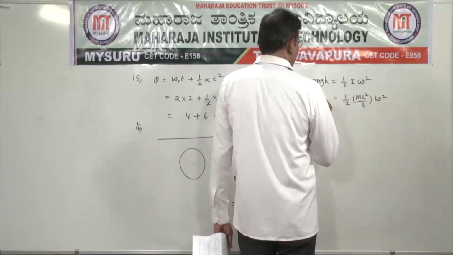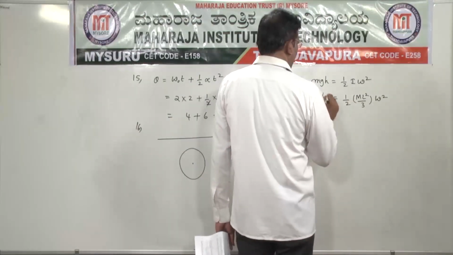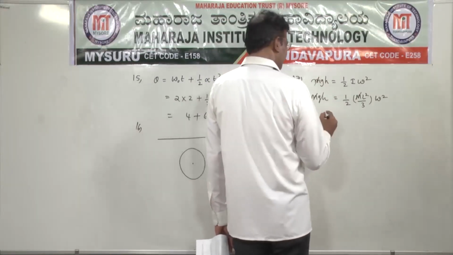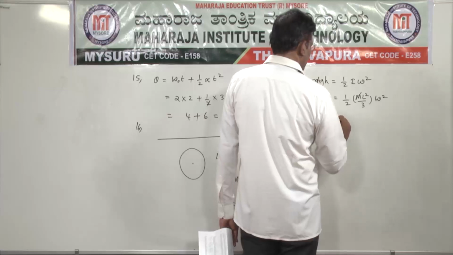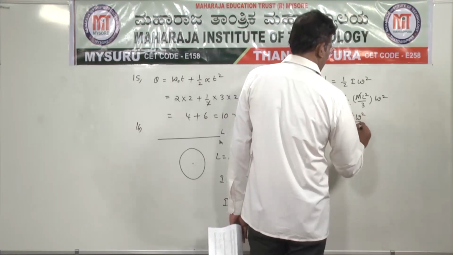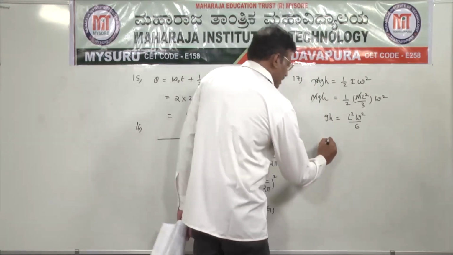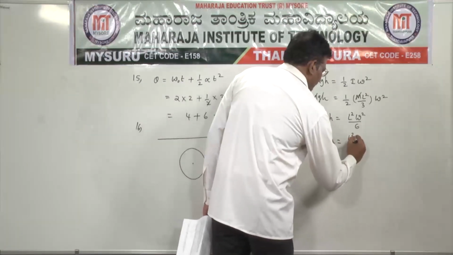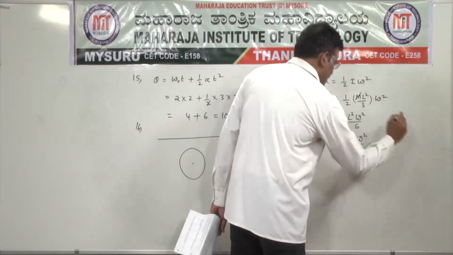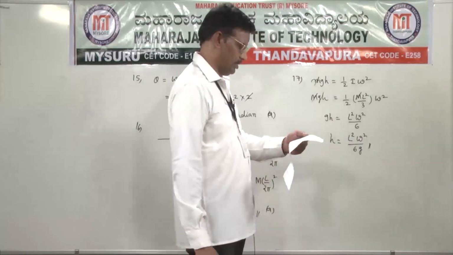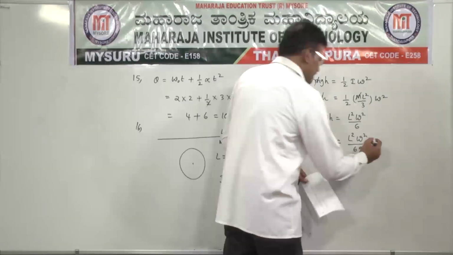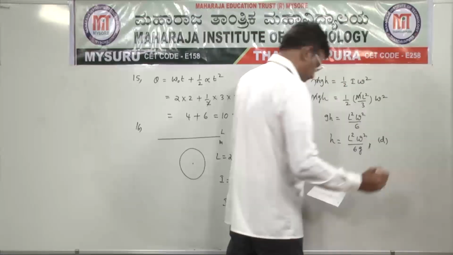Then on both sides, mgh, the m and m cancel. So gh is equal to L square omega square divided by 6, or h is equal to L square omega square divided by 6 into g. That is option D, the right option.